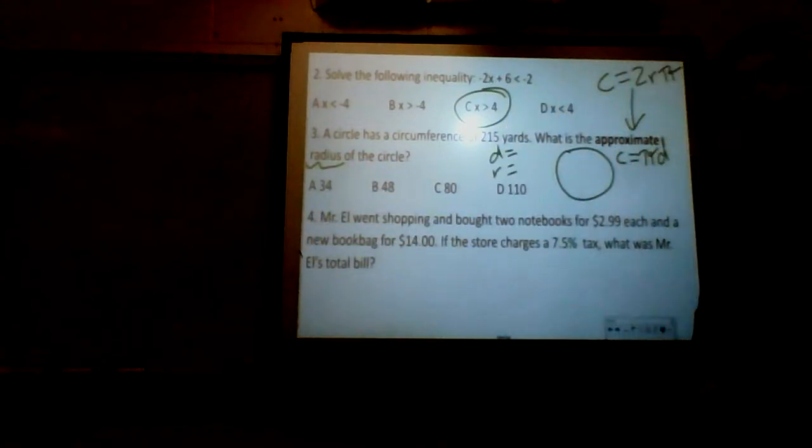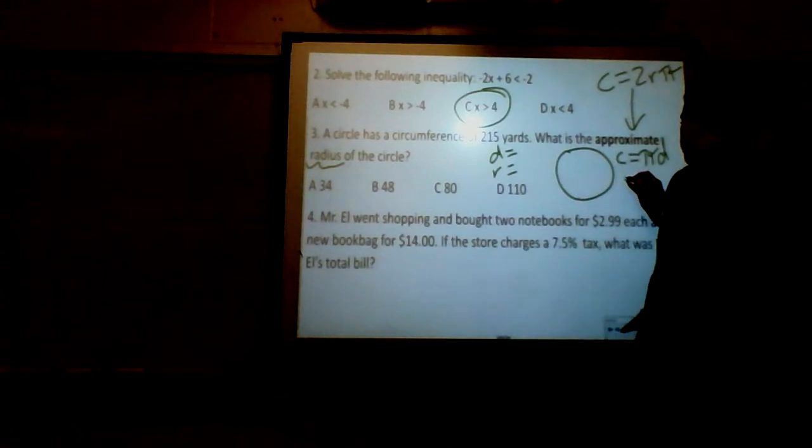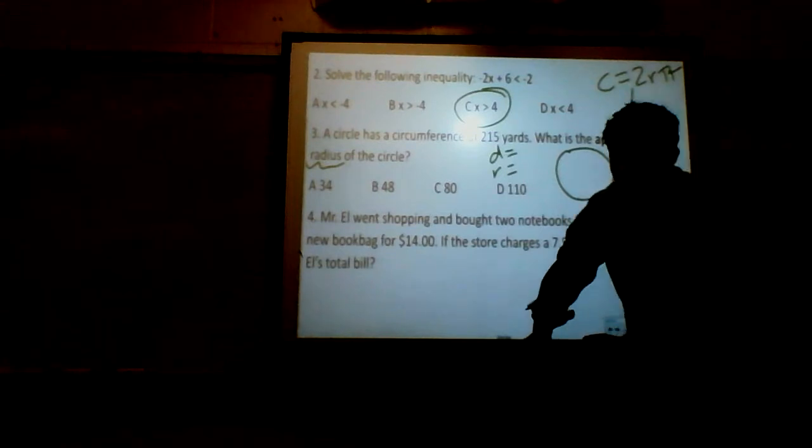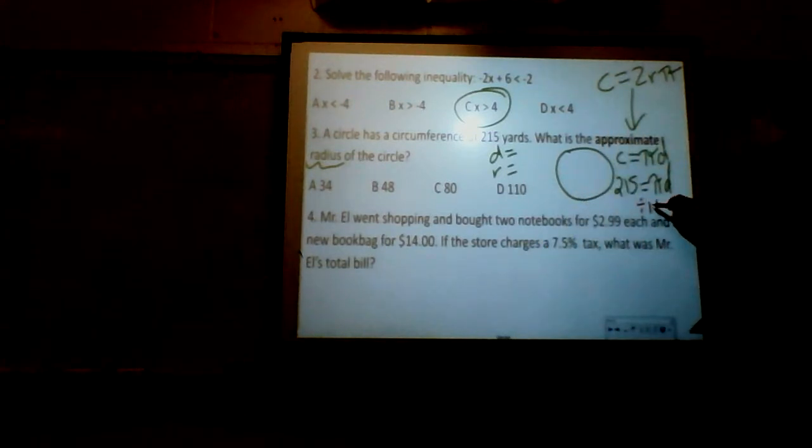Well, we don't know the radius and diameter yet. That's what we're going to find out. We do know that the circumference is 215, so 215 equals pi times the diameter. To isolate or get the diameter by itself so we can know what it is, we're going to divide each side by pi. Pi by pi, pi by pi.